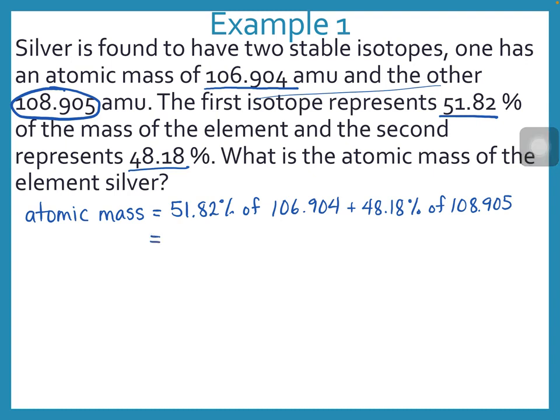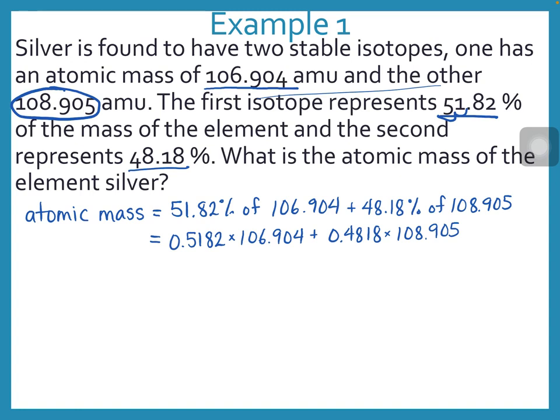So converting a percent to a decimal, dividing by 100, means that I'm going to move my decimal place over two to the left. So 0.5182 of, which means times, 106.904 and 0.4818 of 108.905.